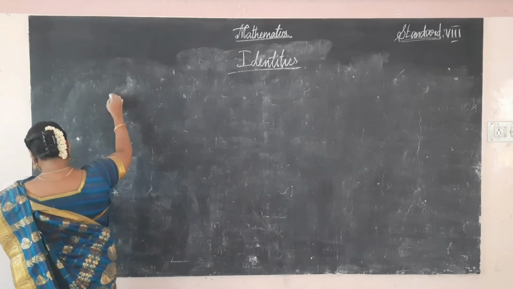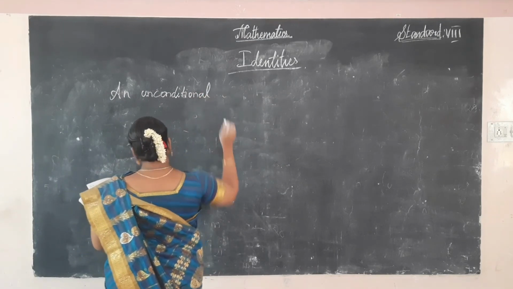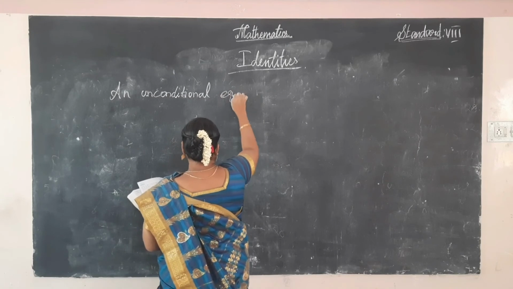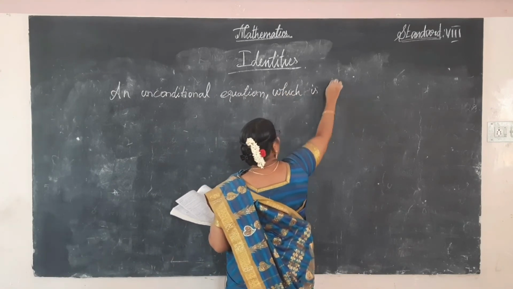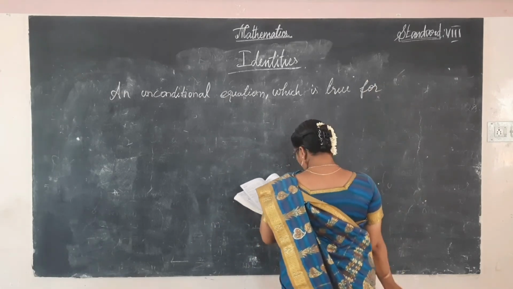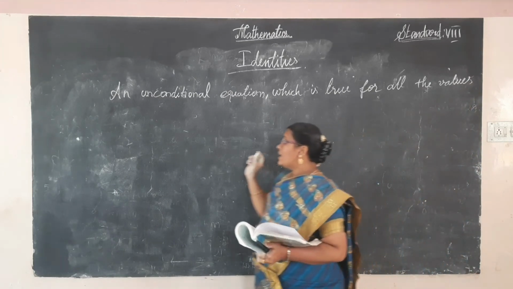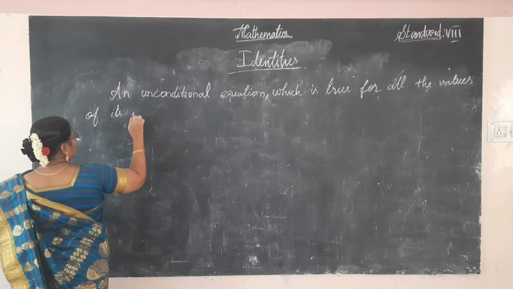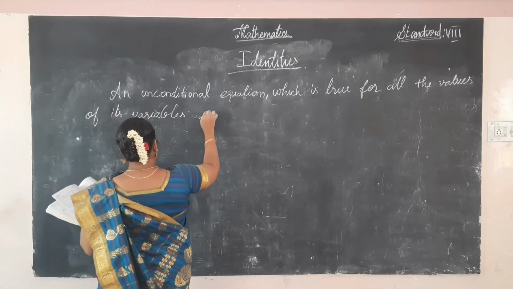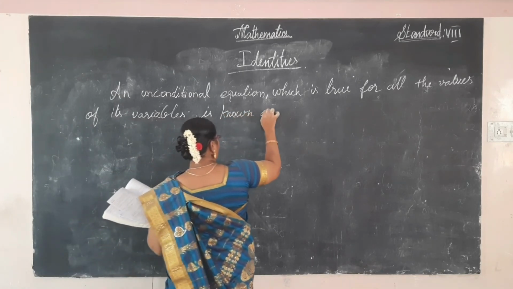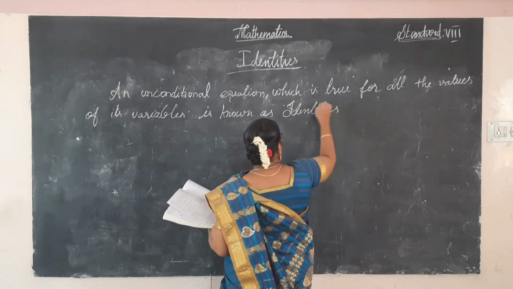So the identity definition: an unconditional equation which is true for all the values of its variable is known as an identity.